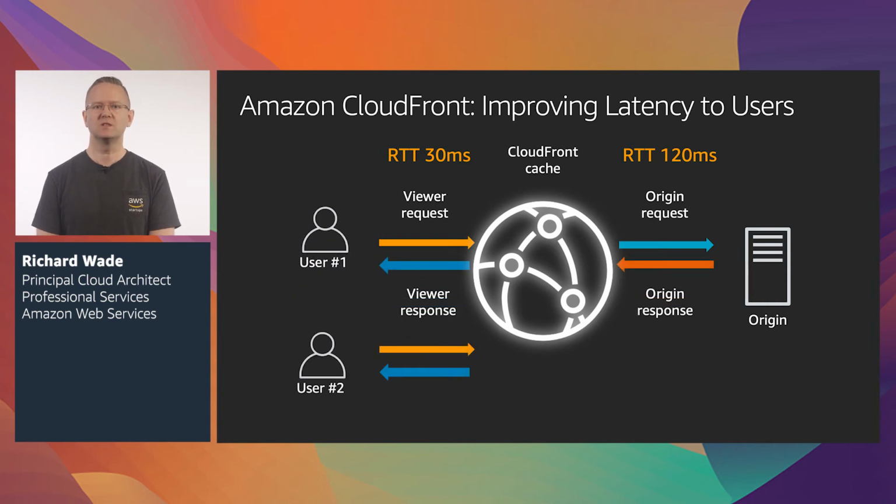However, once the content is present in the cache, having been fetched once, it can now be delivered directly to further users, bringing the round-trip time for content responses down to 30 milliseconds. We can see in this diagram how the first user will experience the full 30 plus 120 milliseconds round-trip time as content is fetched from the origin server, but that subsequent users will just experience a 30 milliseconds round-trip delay in requesting content directly from the cache.